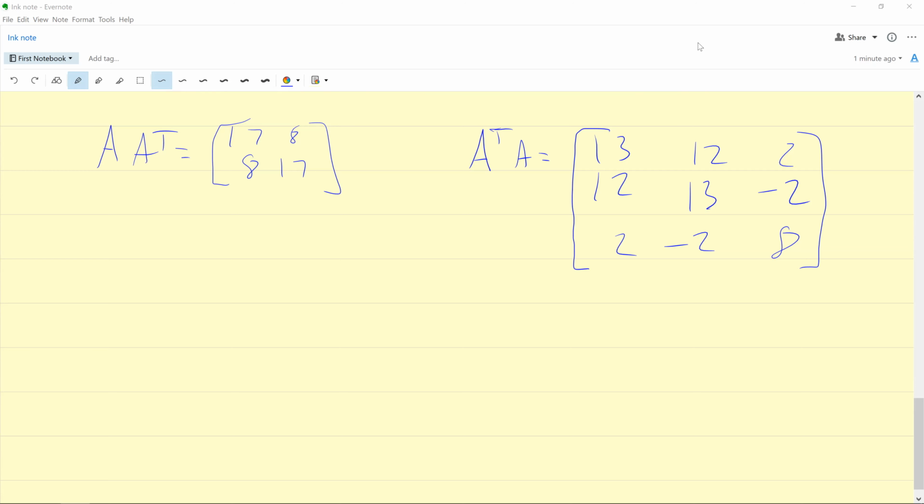Just find the eigenvalues, right? Is that what you're asking? Yeah. And also the characteristic polynomial.